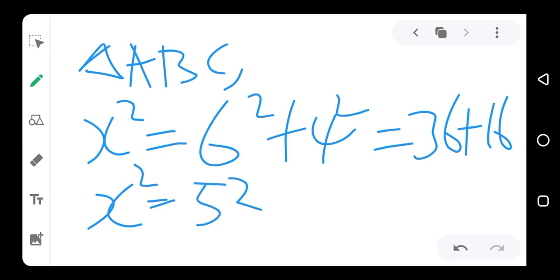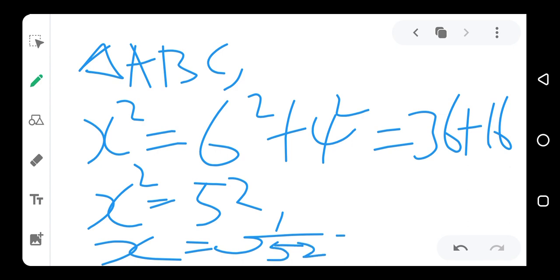It now means that x is equal to root 52, which is going to give us 2 root 13.